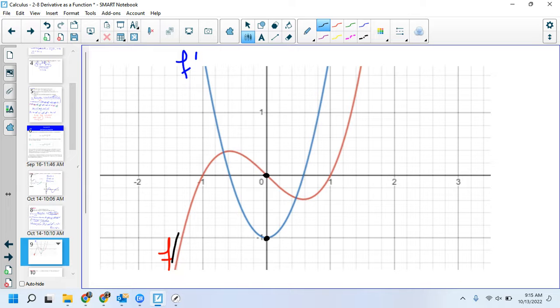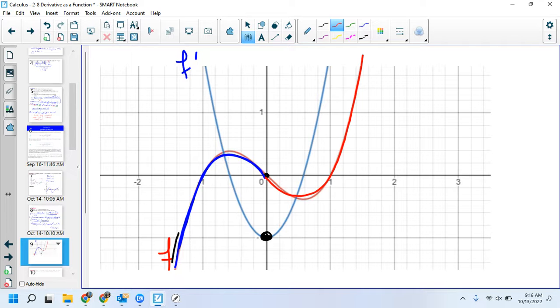and f prime is my derivative. So the minimum value of my derivative, look what's happening at my original. This is where the function is going from concave downward to concave upward. That point we will learn later on is called an inflection point, where the direction changes.